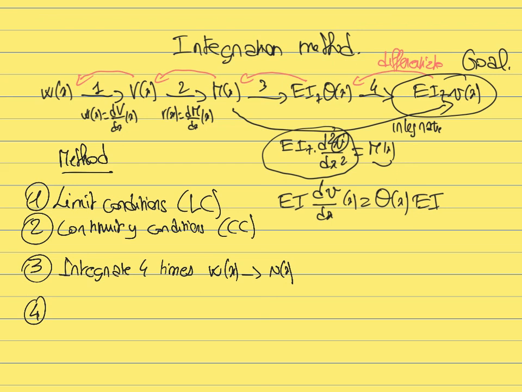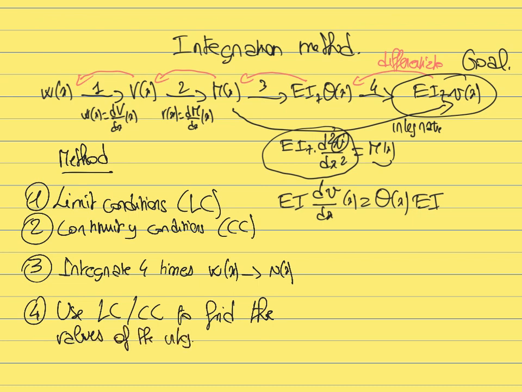So you will need to use the limit conditions and the continuity conditions to find the values of all the integration constants that you got when you integrated 4 times the distributed load.